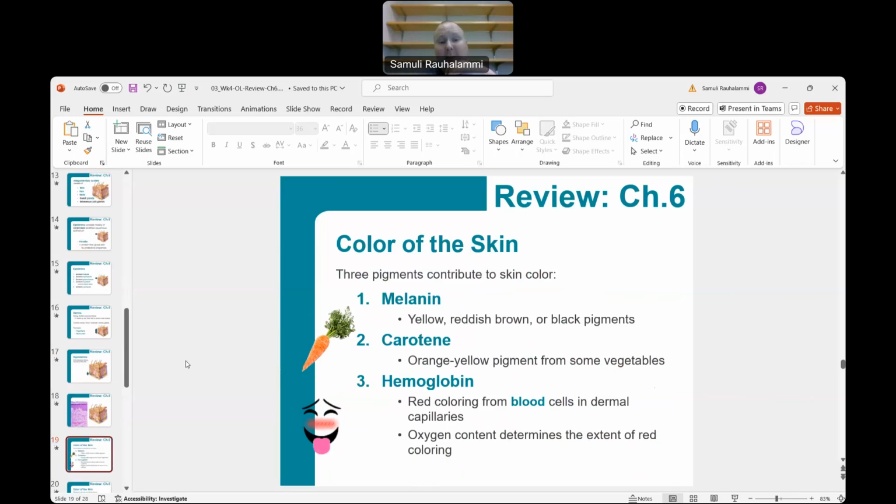And now it becomes important: are those red blood cells and the hemoglobin in them loaded with oxygen, which would give more of a bright reddish color, whereas if it's less loaded with oxygen, we end up seeing this darker purplish color. So again, the individual's cardiovascular system status can also contribute to the skin color that we're able to see.